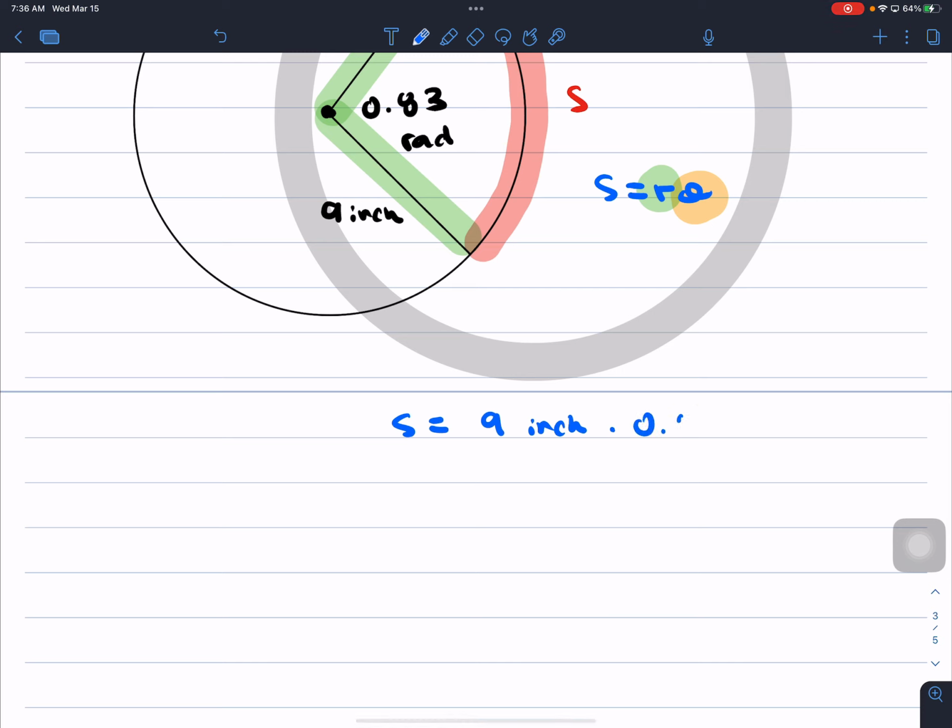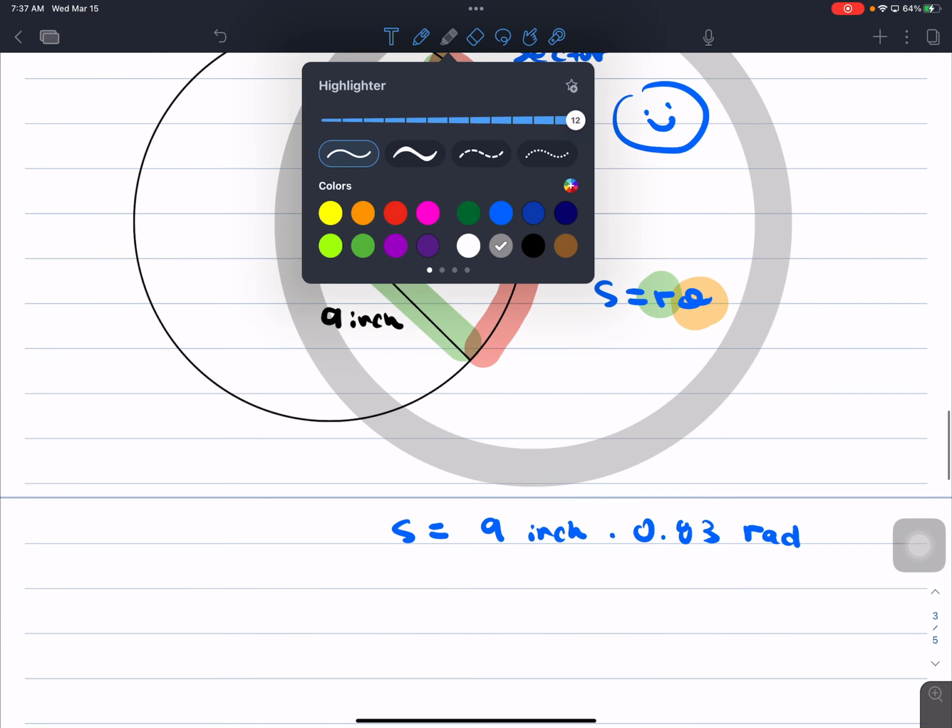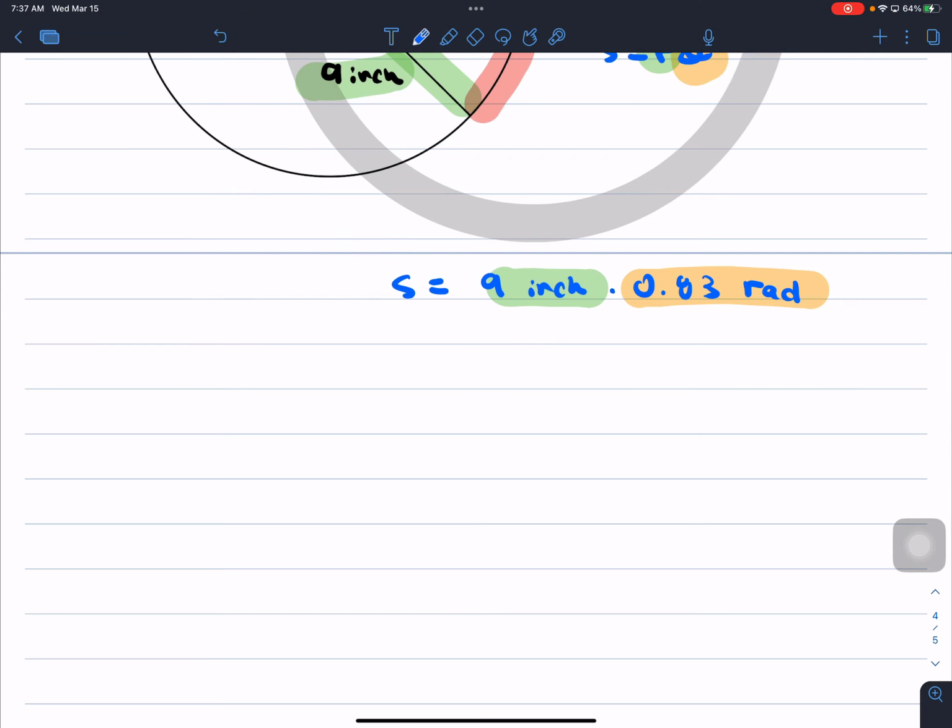The angle is 0.83 what? Rad for radian. Okay? So our arc length is going to be 9 times 0.83 inch radians.